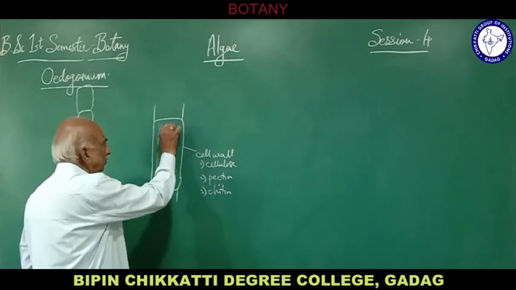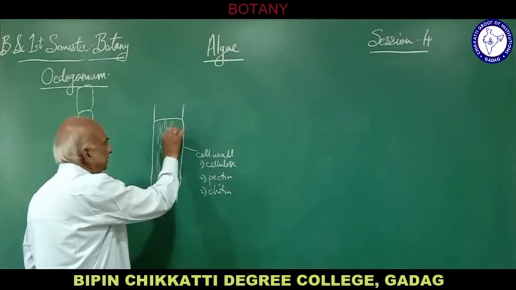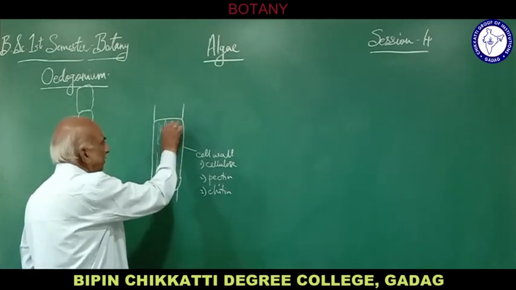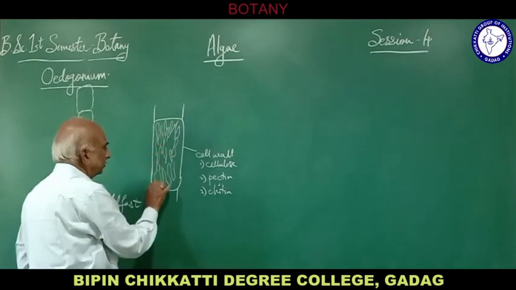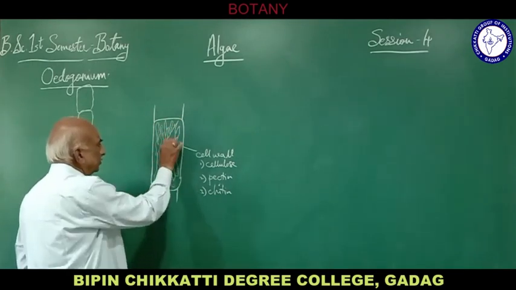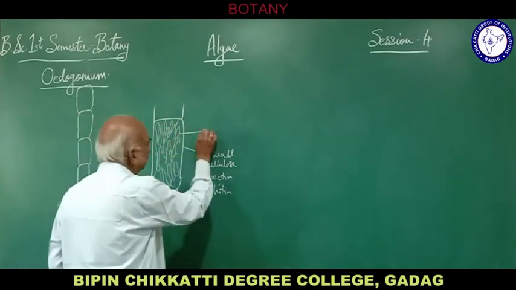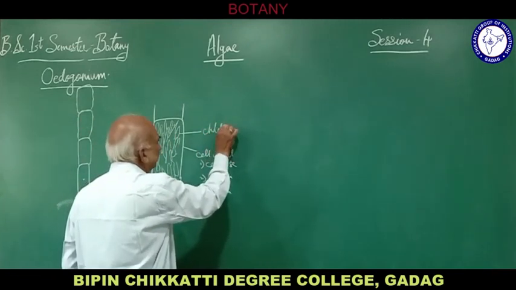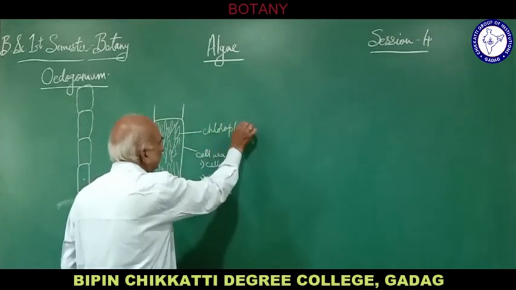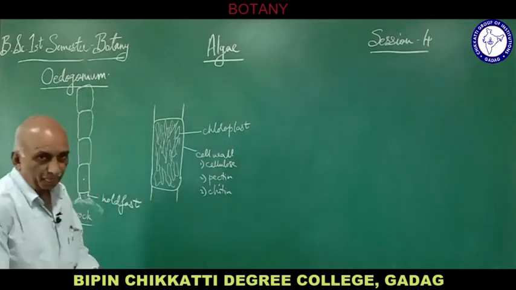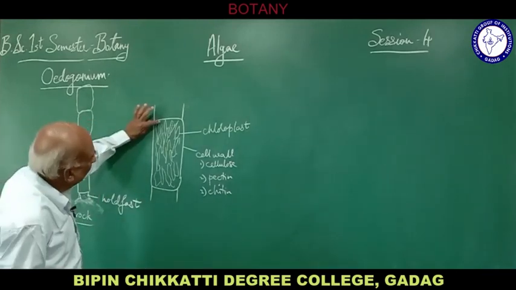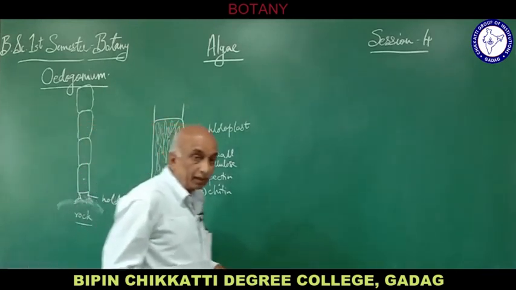This chloroplast is reticulate. This reticulate chloroplast is present from one end of the cell to the other end of the cell. It is extending from one end to the other end. Reticulate chloroplast.